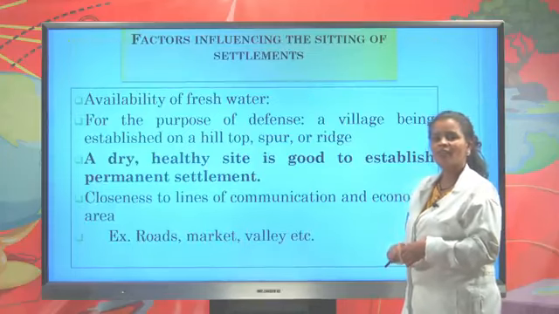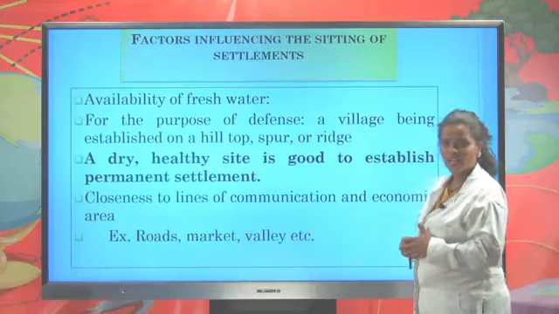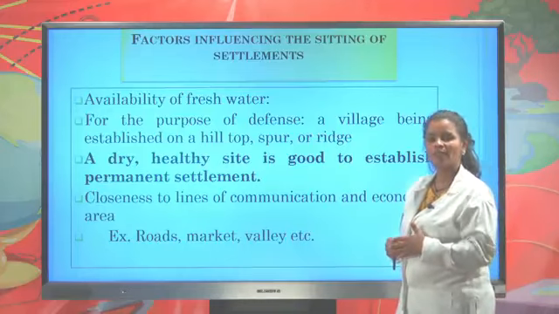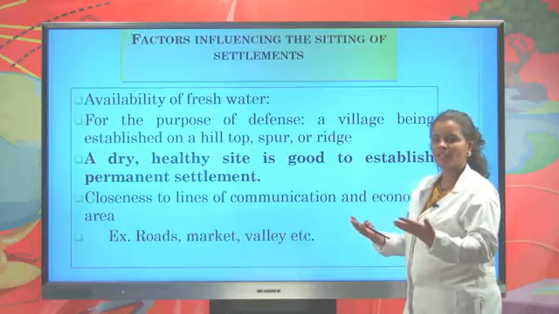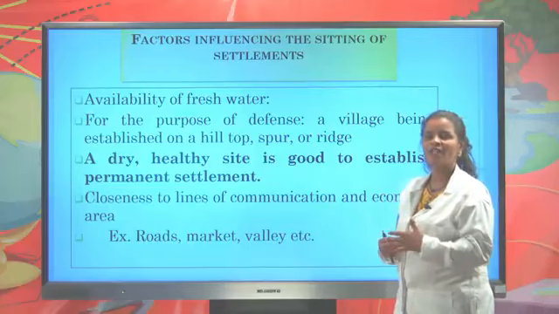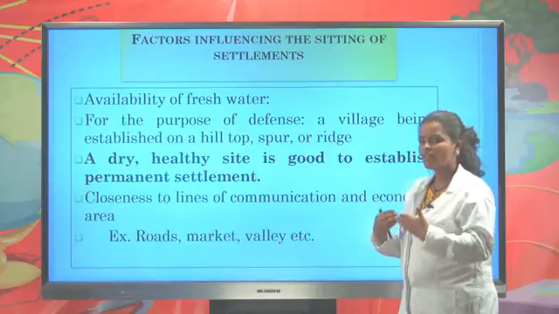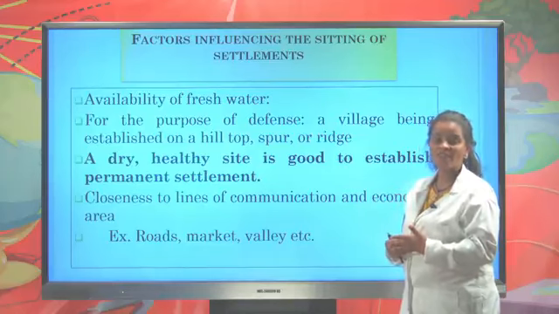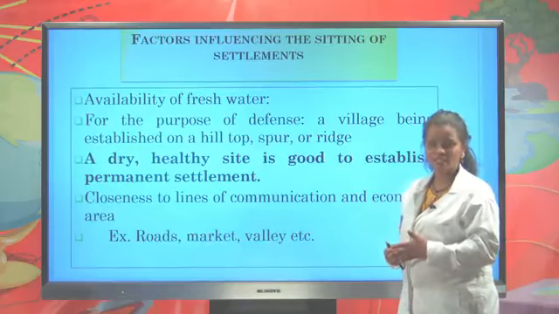Factors that influence the settlement of an area include the availability of fresh water. For example, if an area has fresh water, we get more population. If there is no surplus water in that area, we get dispersed settlement.